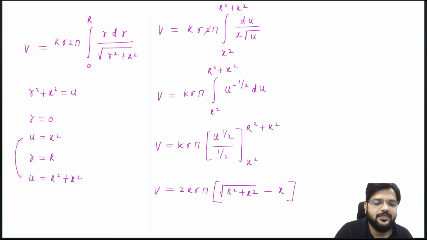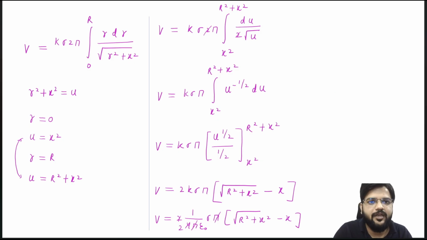So finally we have this thing, everyone, and put the k value also. And what is the k value? It is 1 upon 4 pi epsilon naught. So we have now v equal to 2 times 1 upon 4 pi epsilon naught times sigma pi times root r square plus x square minus x. Now pi will get cancelled out, and this is 2 and this is 4, so this is 2, everyone.